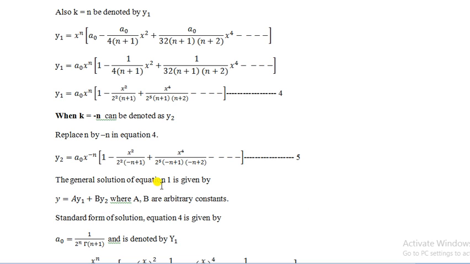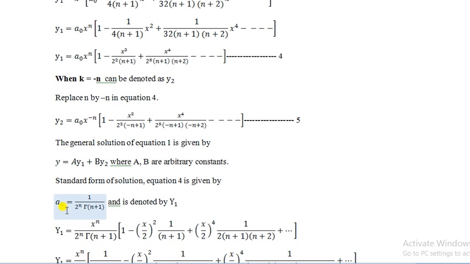Then the general solution of equation number 1 is y is equal to a y1 plus b y2, and here a, b are arbitrary constants. So the standard form of equation number 4 is given by writing a naught as 1 divided by 2 raised to n gamma of n plus 1, and it is denoted by capital Y1.